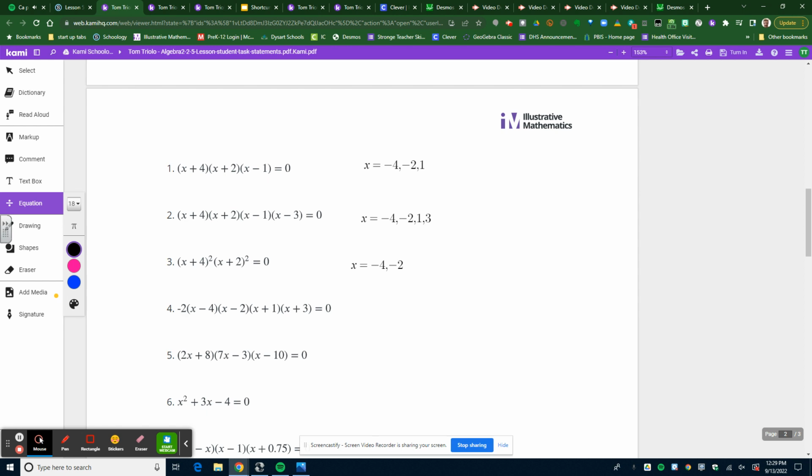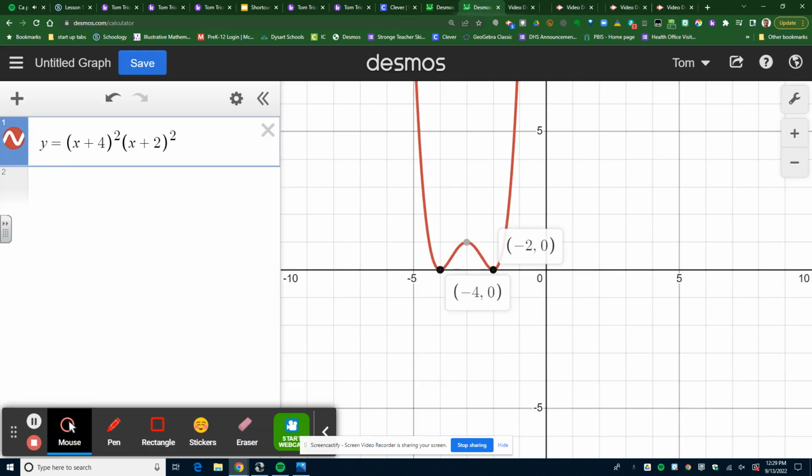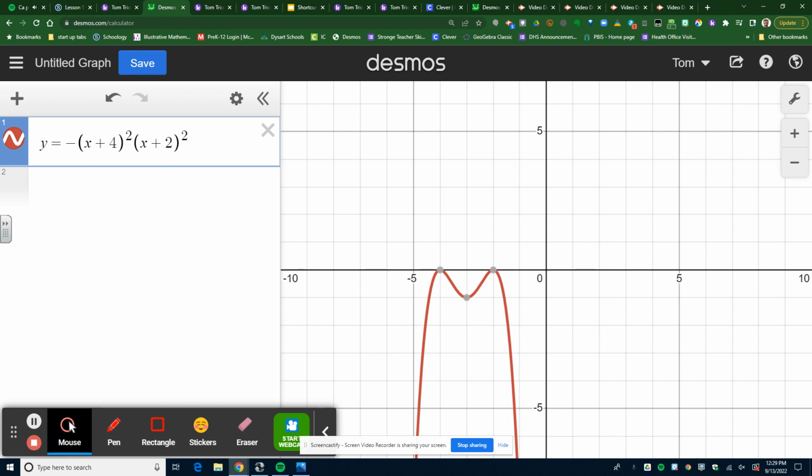-2, what does that do? So I'm not going to rewrite all these. I'm going to put the negative on the other one we just did and see what happens. Let's move this over here. So watch what the negative does. It takes an N and flips it. The official mathematical term is it reflects across the x-axis.